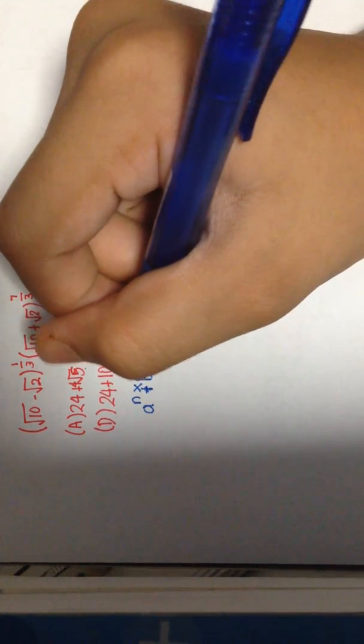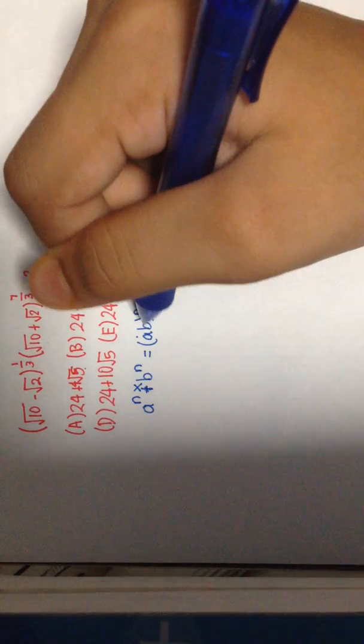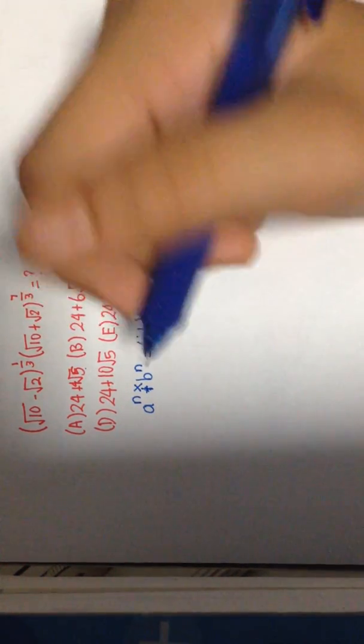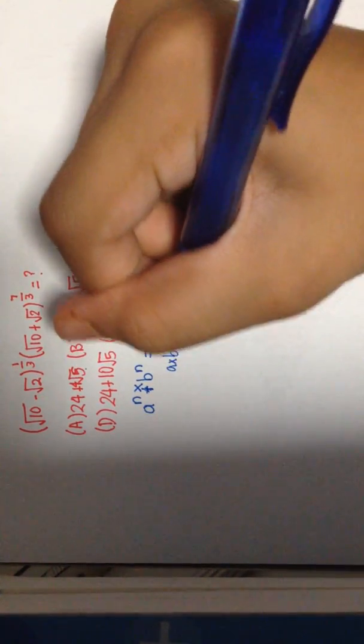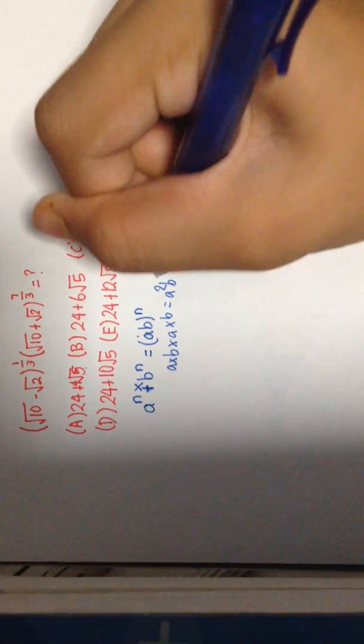A to the power of 2 times b to the power of 2, sorry, not plus, times. My bad. This will just be a square b square. I can just make it ab to the power of 2, because that will just make it a times b times a times b, which is still equal to a square b square.